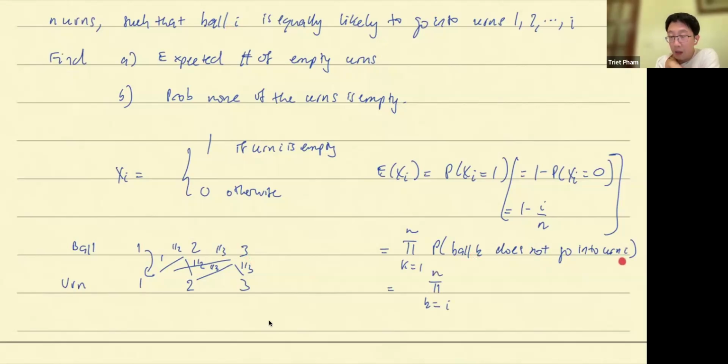Now, starting at I, what's the probability ball K does not go into urn I? It's uniform 1 to K, rather. Sorry, K is the index of the ball. So it's K minus 1 over K. Agree? Because it has to miss exactly that urn. Okay, so far?